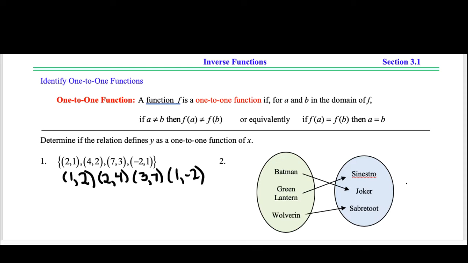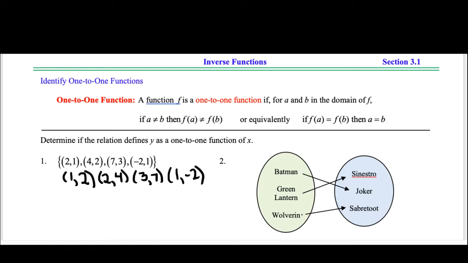Over here in question number 2, we have an example where it does not utilize numbers, but the same idea applies. The first oval here would represent the domain, the second oval the range. Batman maps to Joker, Green Lantern maps to Sinestro, Wolverine maps to Sabretooth.